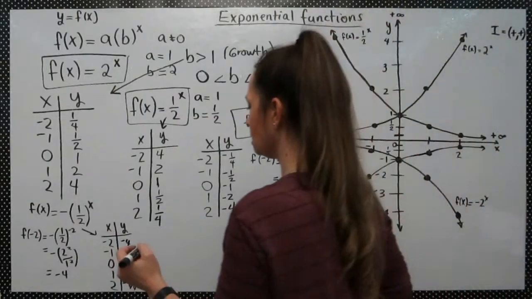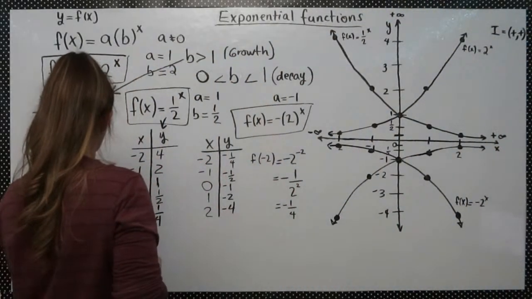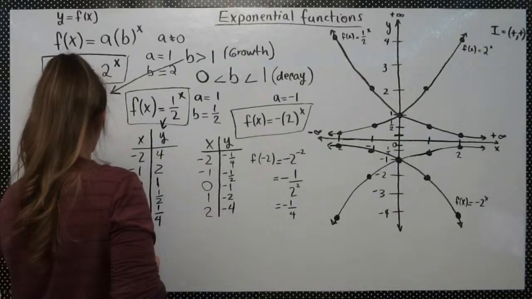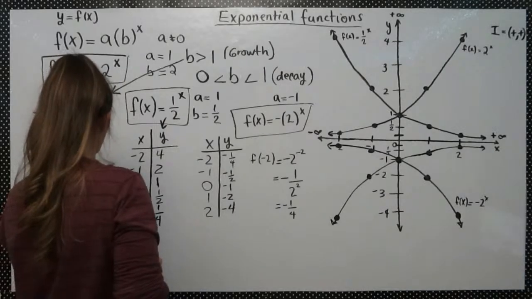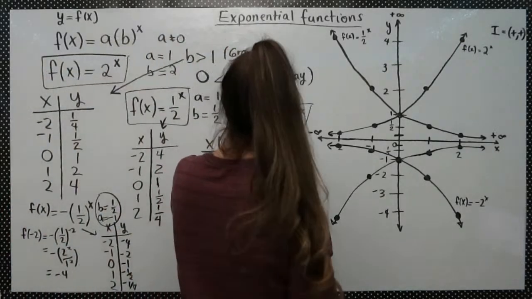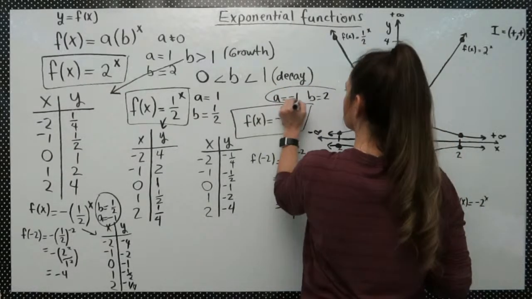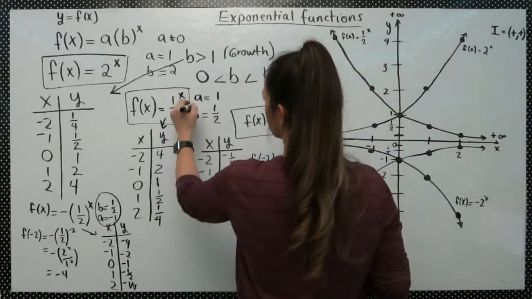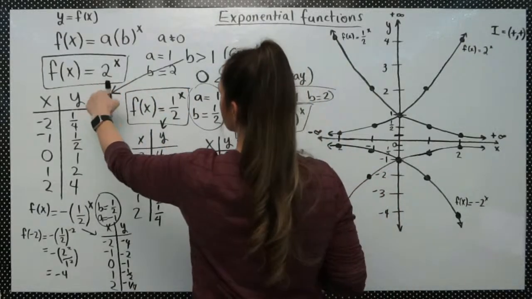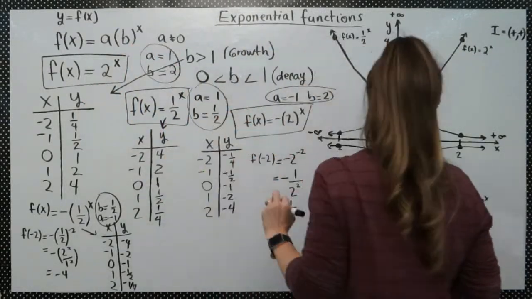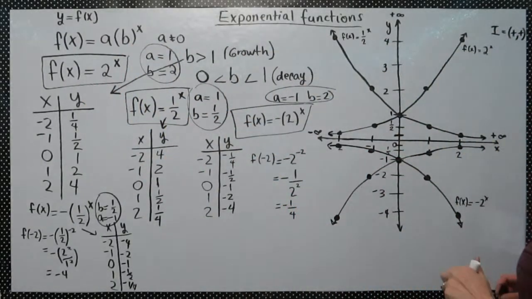And here, b equals 1/2, a equals -1. Here, a is positive, and then here, a is also positive. Okay, all right.